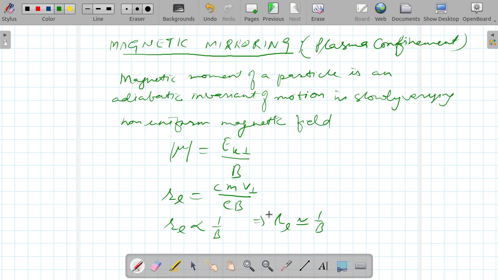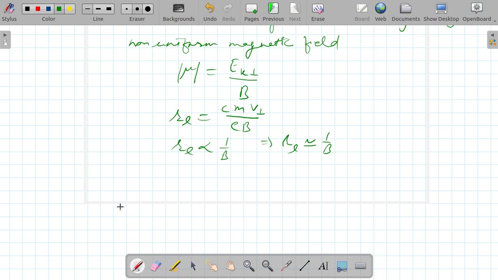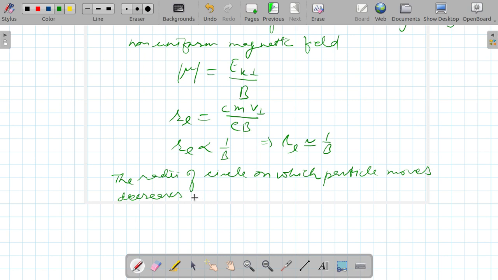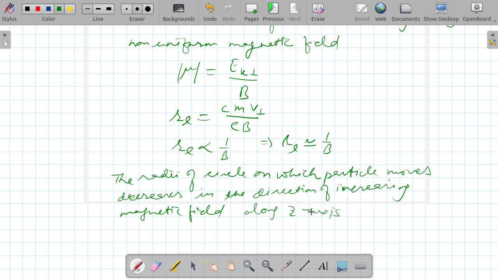So that's what we are getting. So what does it mean pictorially? We can say that the radii of circle on which particle moves decreases in the direction of increasing magnetic field along z-axis, because field is increasing along z-axis.